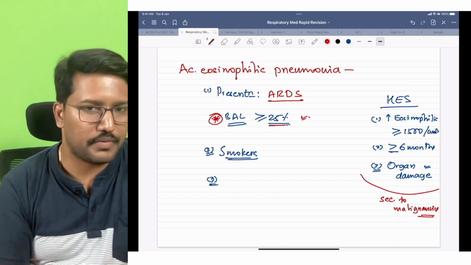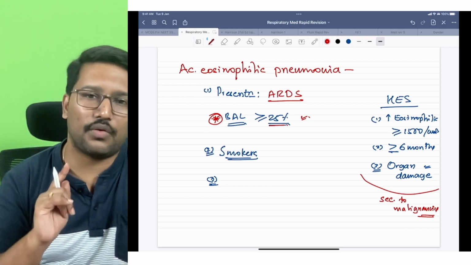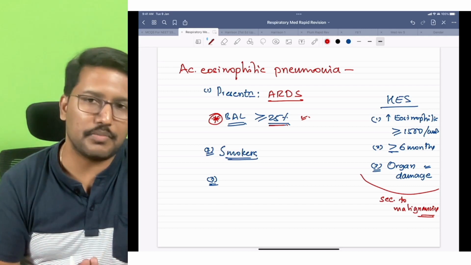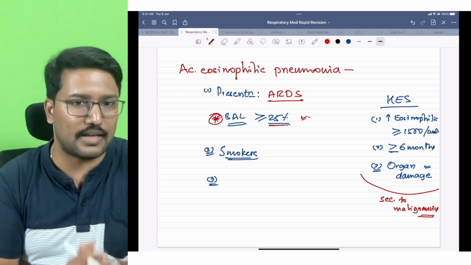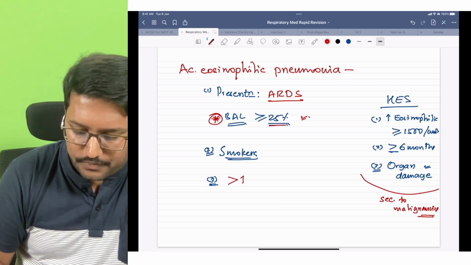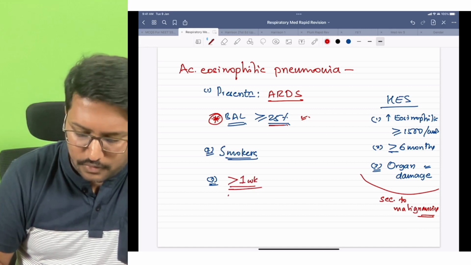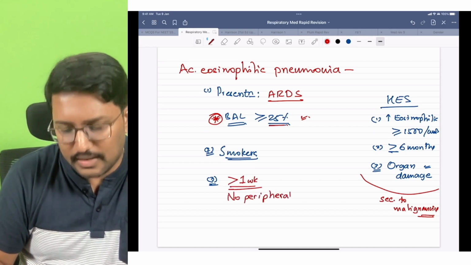Will there be peripheral eosinophilia? At least not at the time of presentation, or at least not in the first week of symptom onset. The first week of symptom onset is the severe phase, and most patients land up in hospital because of the usual ARDS-like picture. So for more than 1 week, there will be no peripheral eosinophilia. After that, yes, peripheral eosinophilia can appear.